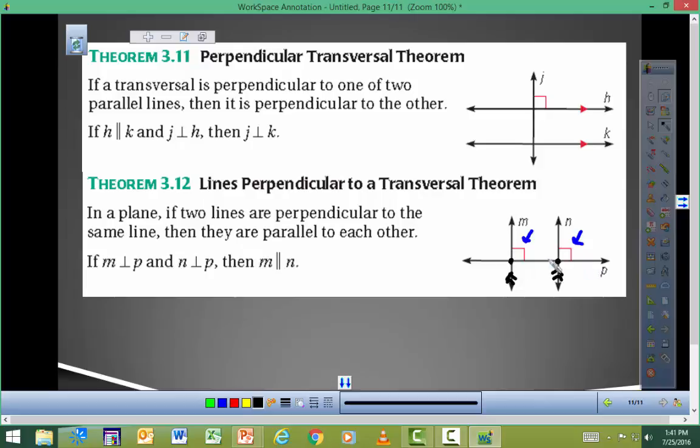This is a transversal, and since that's a right angle, this angle here is congruent to this angle here, right? And we learned way earlier in chapter 3, section 3.4 or so, that if the corresponding angles are congruent, then the lines are parallel. So that's a pretty easy theorem to prove. I just proved it.